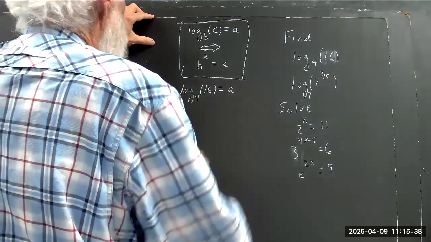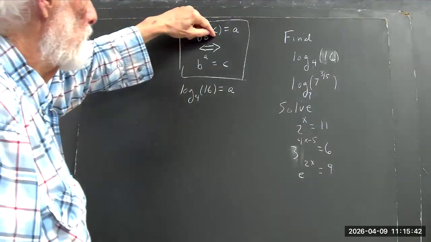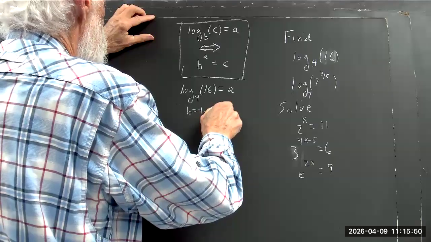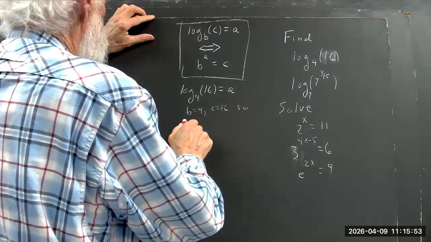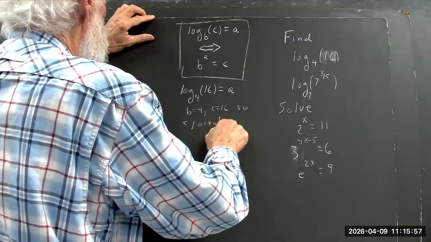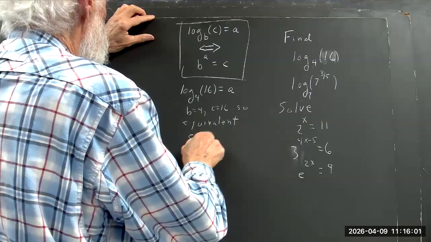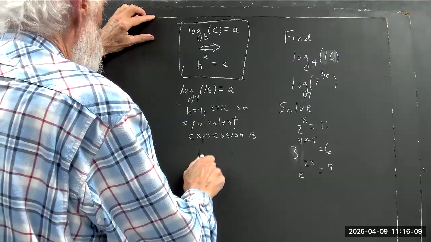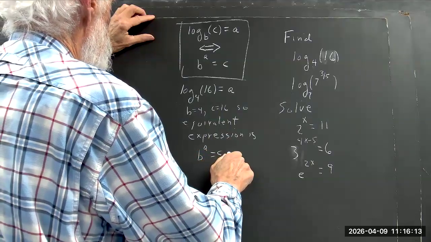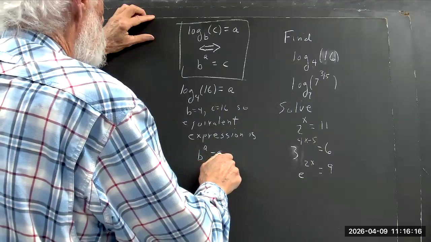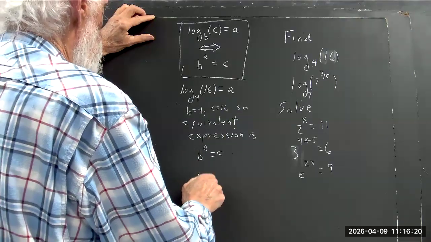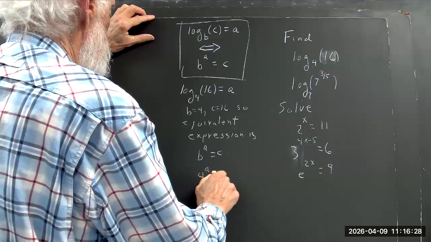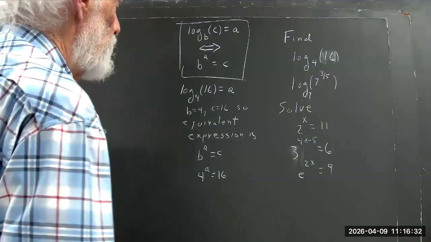Okay, but if you look at this, log base 4 of 16 equals, we'll call it a. That's in the form log base b of c equals a. c is 16, so equivalent is b to the a equals c, for 4 to the a equals 16.